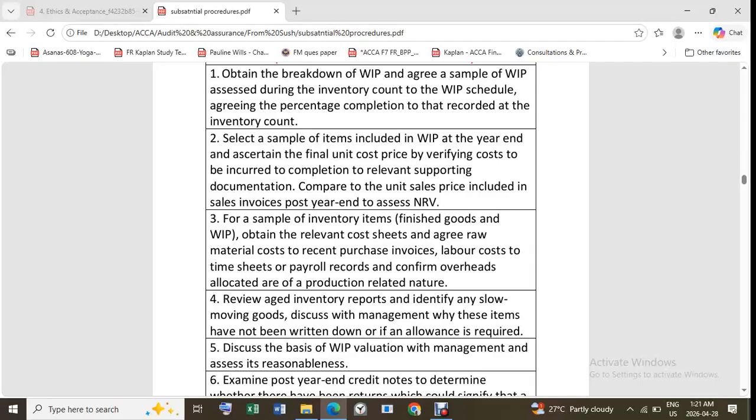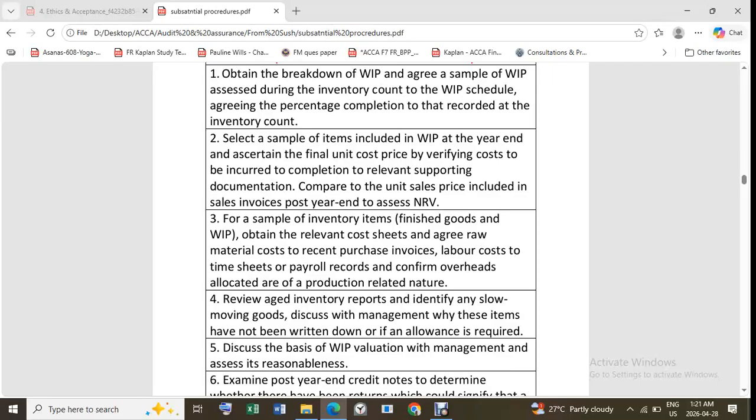So in note number 3, for a sample of inventory items, finished goods and WIP, obtain a relevant cost sheet. Agree raw material cost to recent purchase invoices, labor cost to time sheets or payroll records, and confirm overhead allocated are of production related nature.